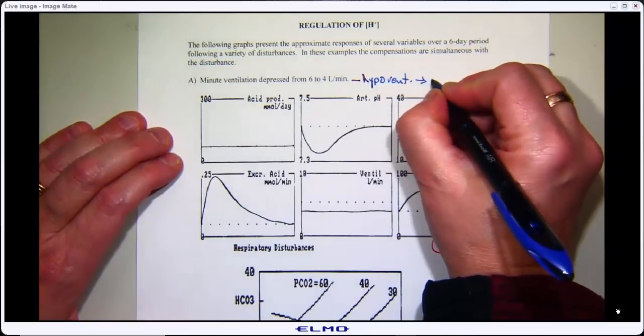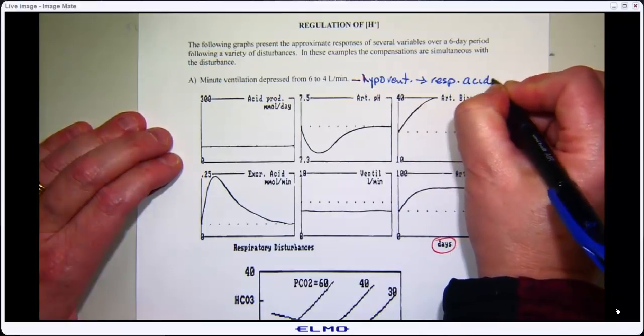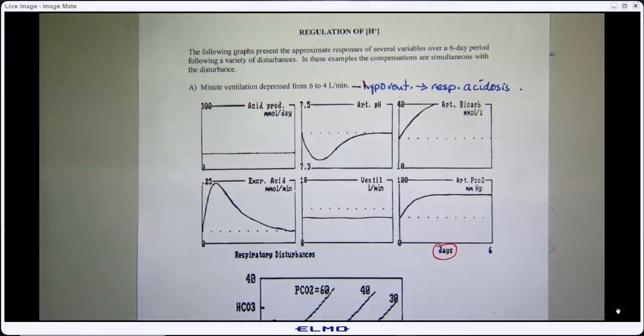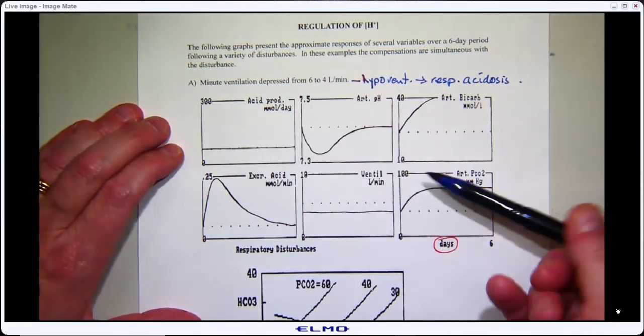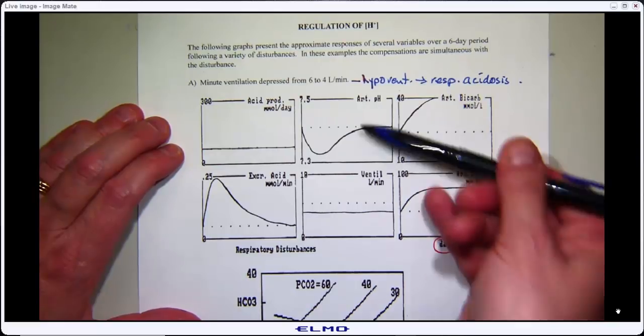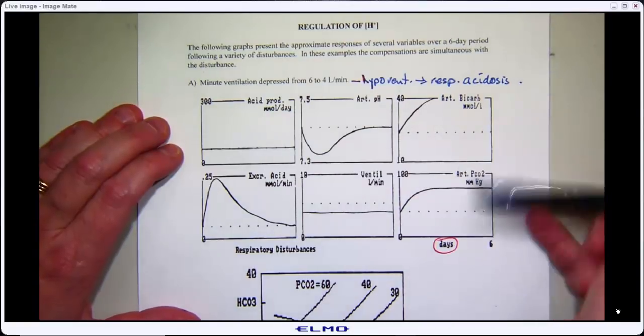This was our respiratory acidosis scenario. And what we can watch here is ventilation, CO2, pH, and bicarb. So we've got graphs that represent those.